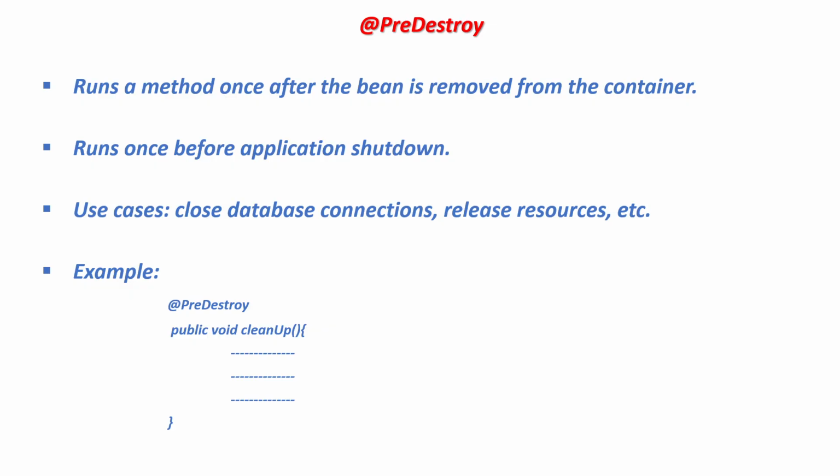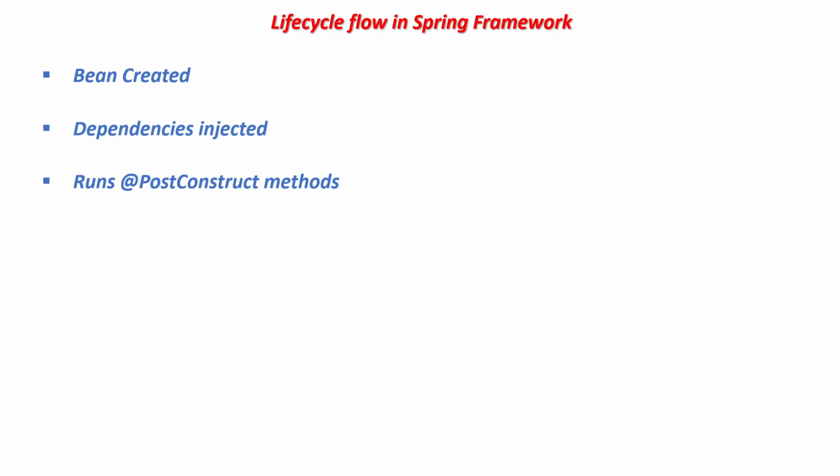And before that, using those two annotations, we must know the lifecycle flow in Spring Framework. First, the bean is getting created. Once the bean is created, whatever dependencies are required for that bean will be injected. Then immediately it will execute the methods which have PostConstruct, and the bean will be ready for use.